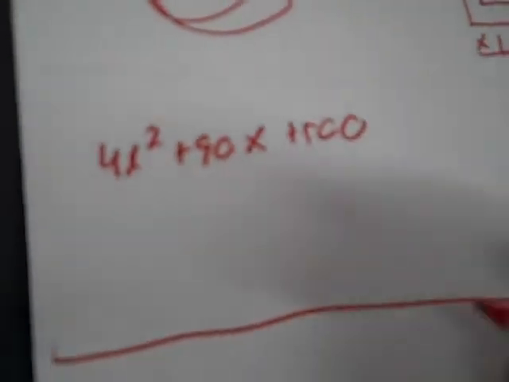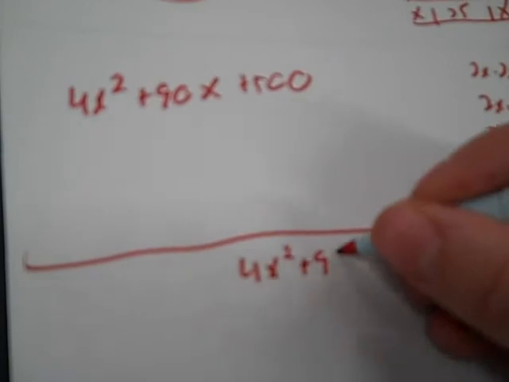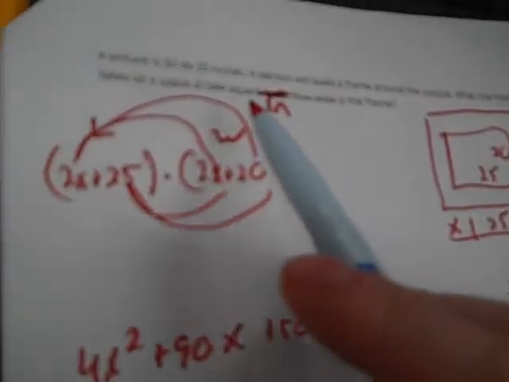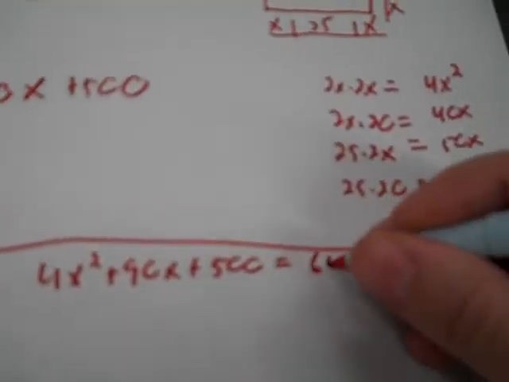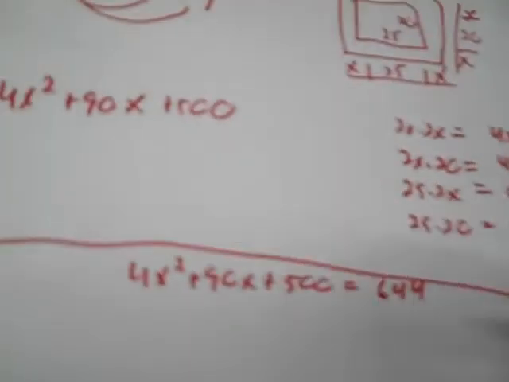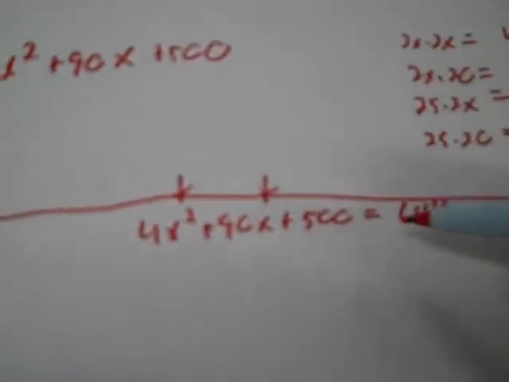Now here's what you need to do. You need to carry this down here because you just took the length times the width, and we know that's equal to 644. I've got x squared and I've got x, so we need to have our equals 0.